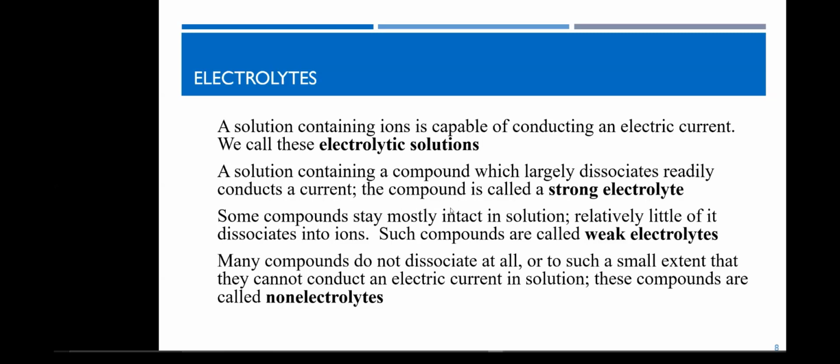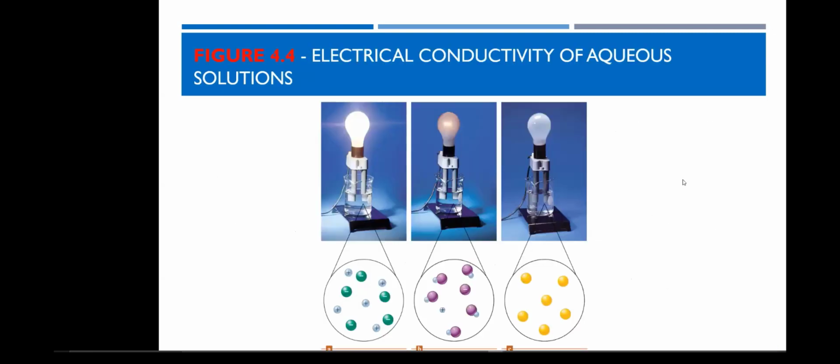There is an in-between picture called weak electrolytes. And really understanding weak electrolytes requires a little bit more chemistry, and I don't want to go into that just now, other than to say that they have a low concentration of ions, and in Chem 140 we investigate more why.